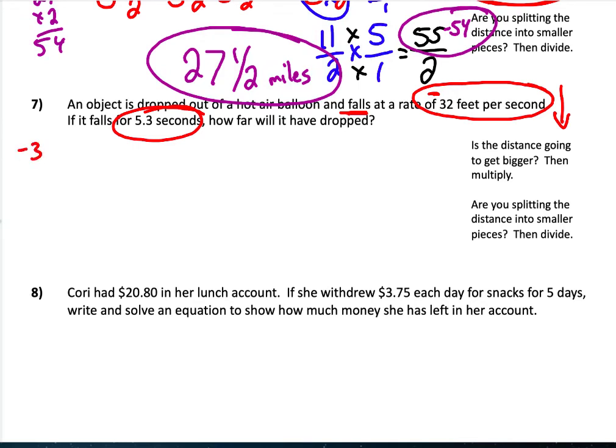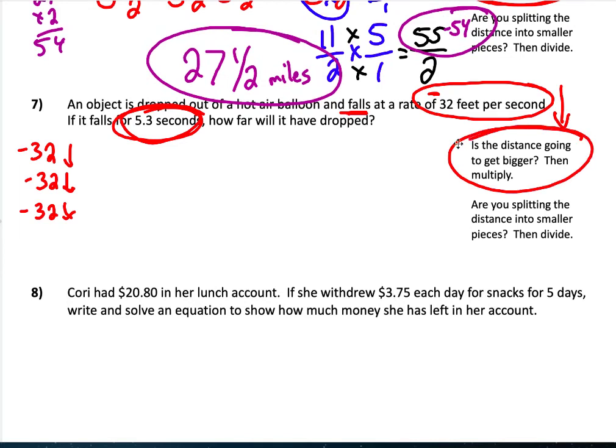Well, it's going to drop 32 the first second, and 32 the next, and 32. So it's going to keep dropping each second for 5.3 seconds. That means it's going to get bigger, which means we want to multiply. So I want to do negative 32 times 5.3.